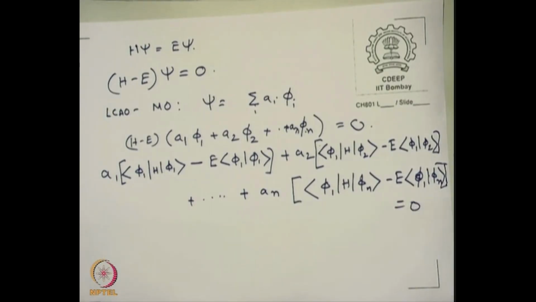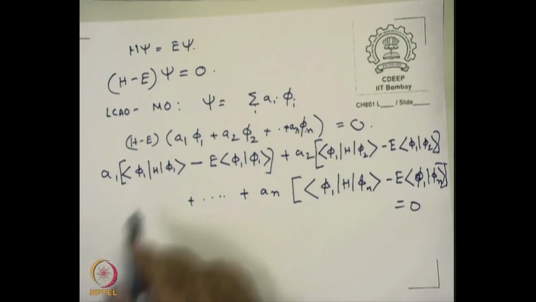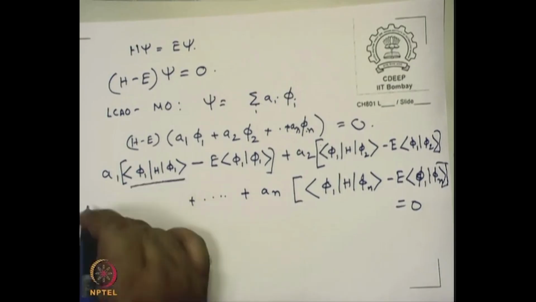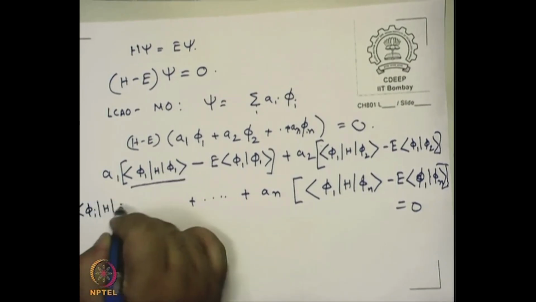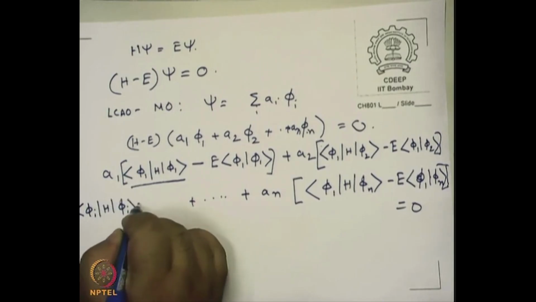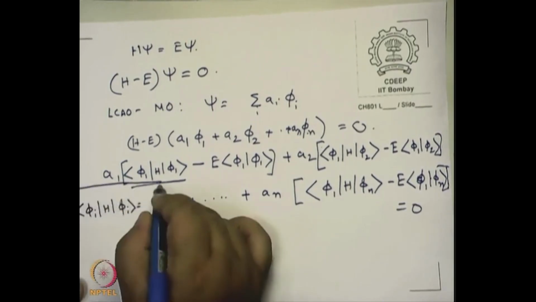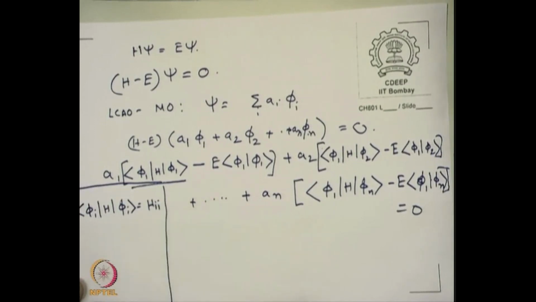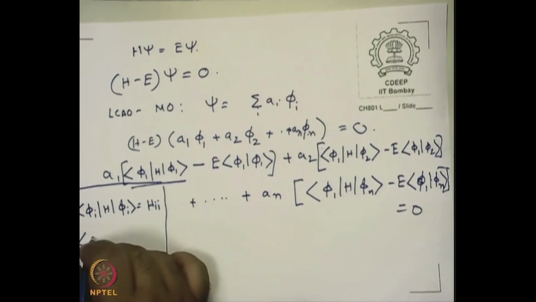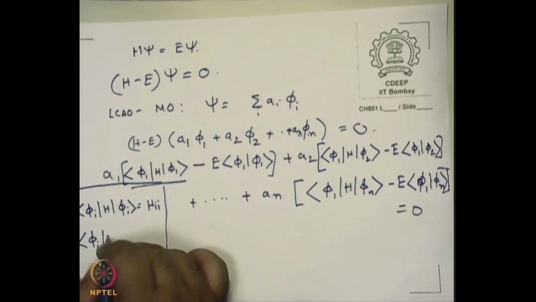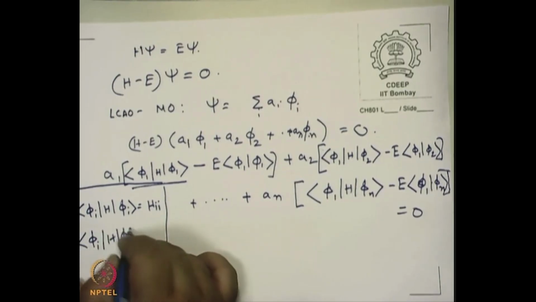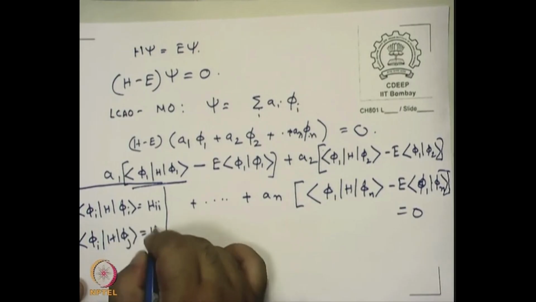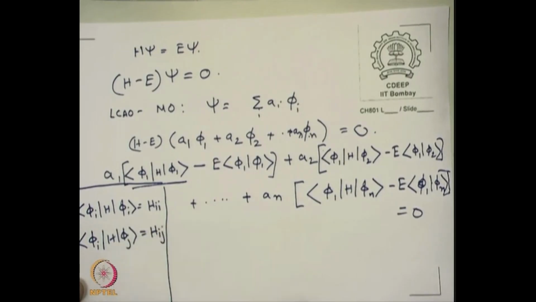Okay, now let us see if we can simplify this a little bit. Wherever we have something like the integral of phi_i H phi_i, we will write that as H_ii. Wherever we have something like phi_i H phi_j integrated over all space, we will write H_ij.